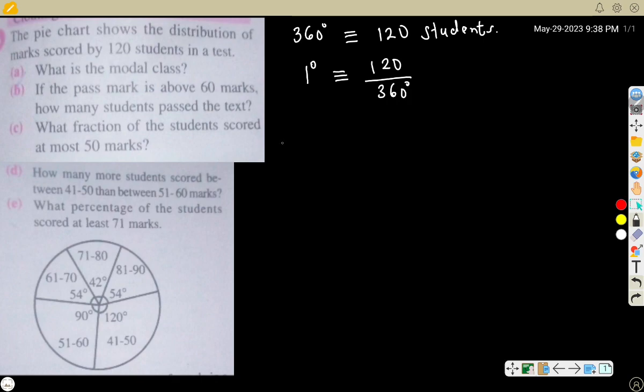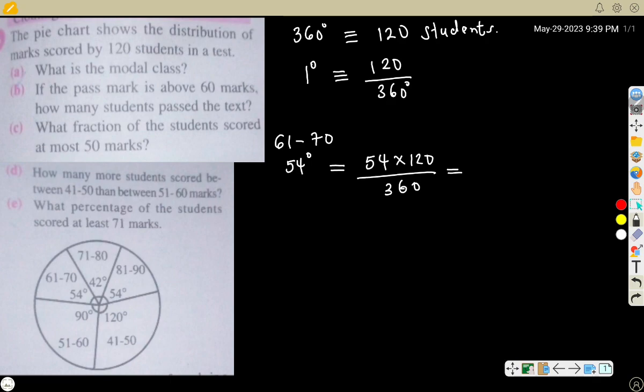So now, for 61 to 70, you have 54 degrees. So the number of students will be equal to 54 times 120 divided by 360.